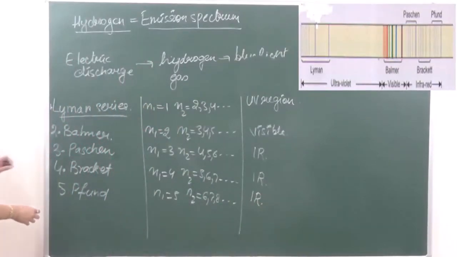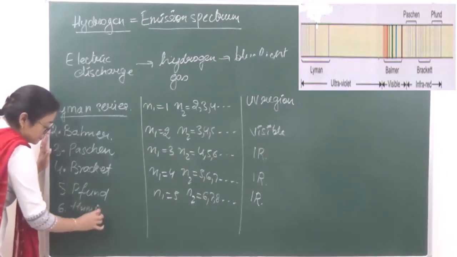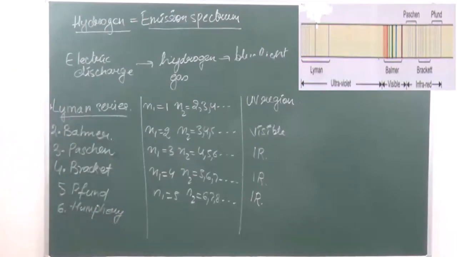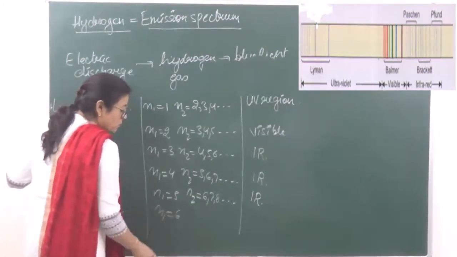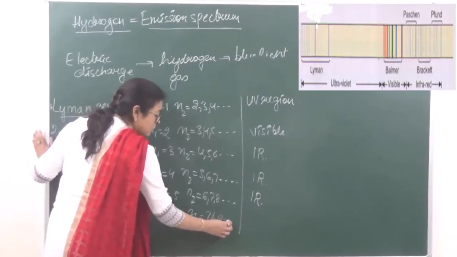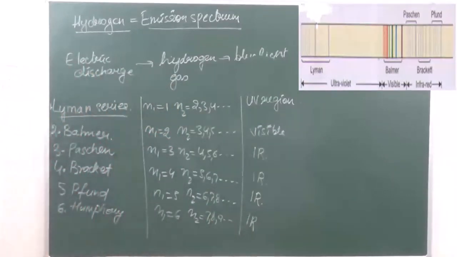And then we have another series which is known as Humphreys. For Humphreys, N1 is going to be equal to 6 and N2 is equal to 7, 8, 9 and so on, and this also falls in the infrared region.